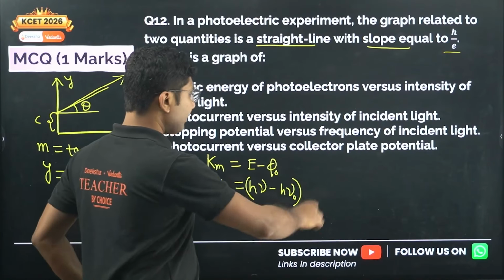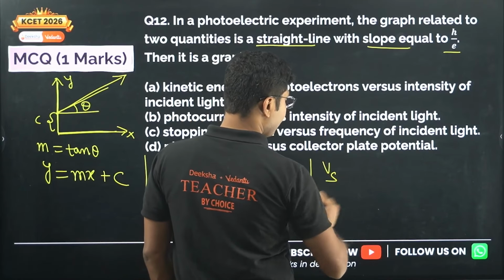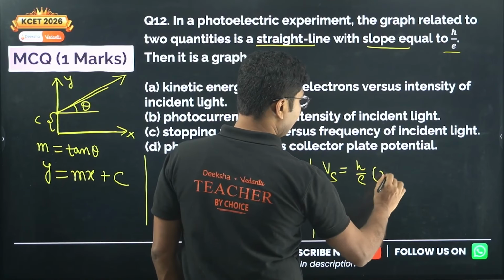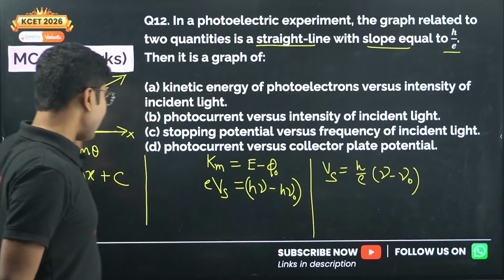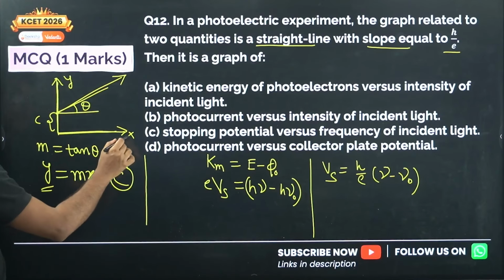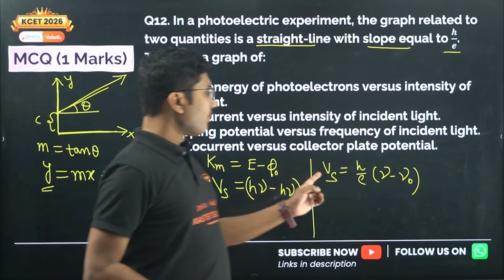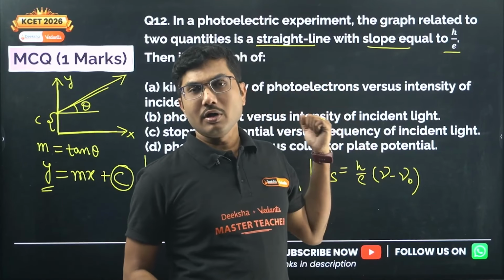If you solve this, you will get stopping potential Vs equals h upon e into nu minus nu naught. So nu naught is a constant. So this is your y axis, this is your x axis. So Vs is your y and nu is your x.